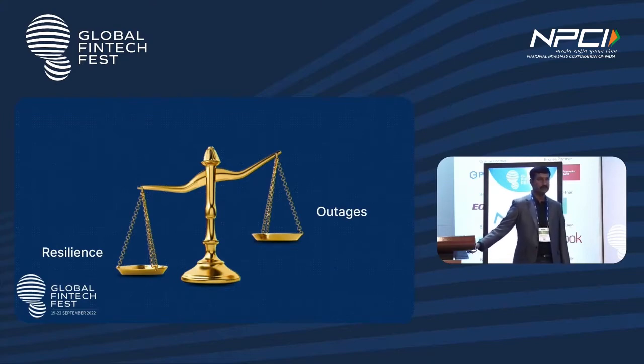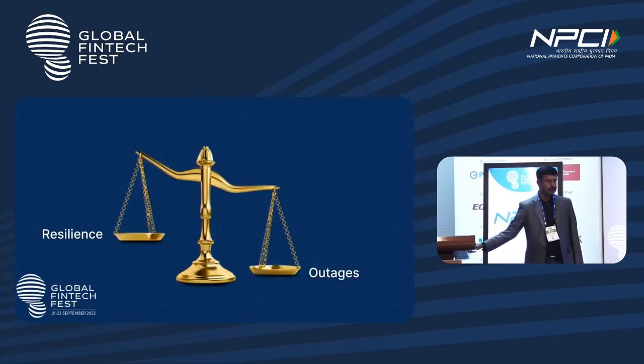How many outages are you seeing, and how reliable you are is basically how many outages you're not having. So when outages are more, you are less resilient. The idea is to reduce the outages or reduce the amount of time a particular outage lasts. That's really how you can tell your end users that you are resilient.